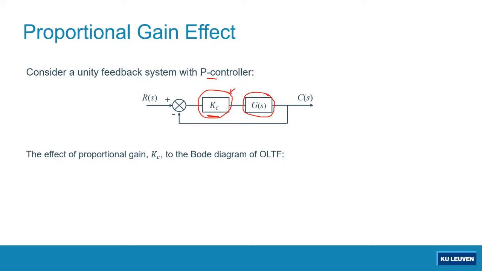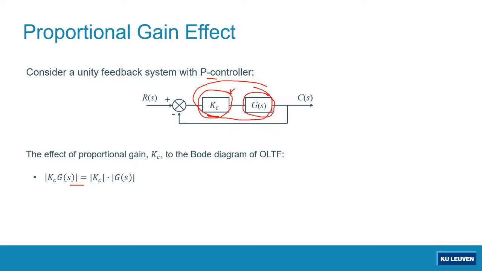What is the effect of Kc to the magnitude? If you introduce certain proportional gain in this controller, the magnitude plot in the Bode diagram of this open loop transfer function will be like this.